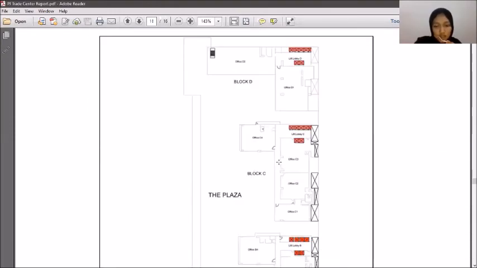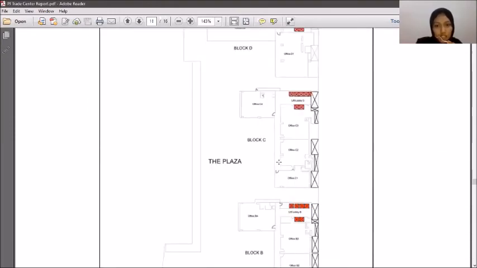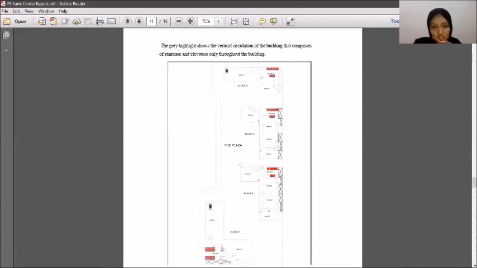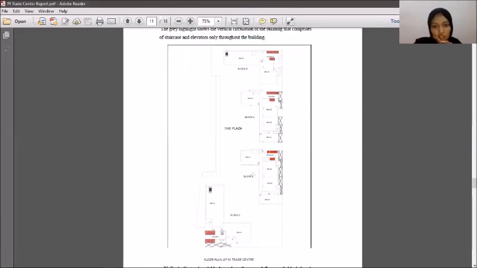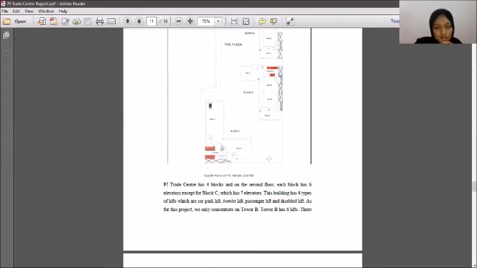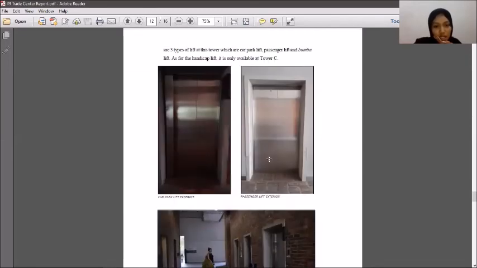This is a floor plan for PJ Trade Center. In this report, we are going to present Tower Block B, which consists of 6 lifts of 3 types: passenger, bomber, and car park lift.